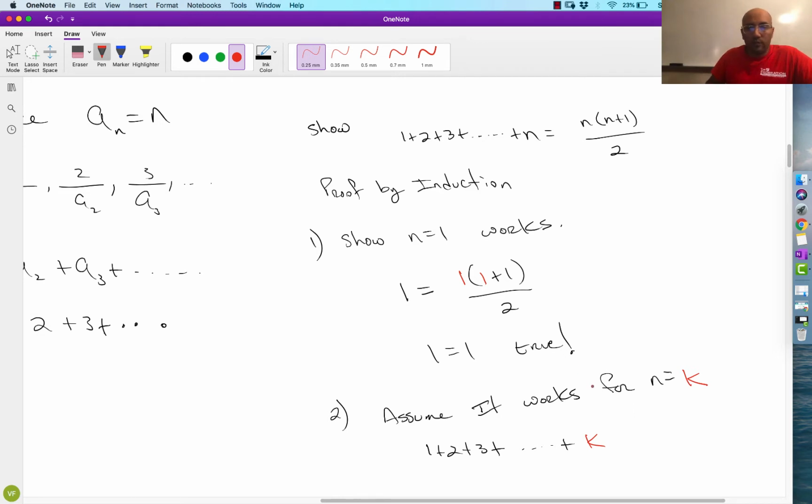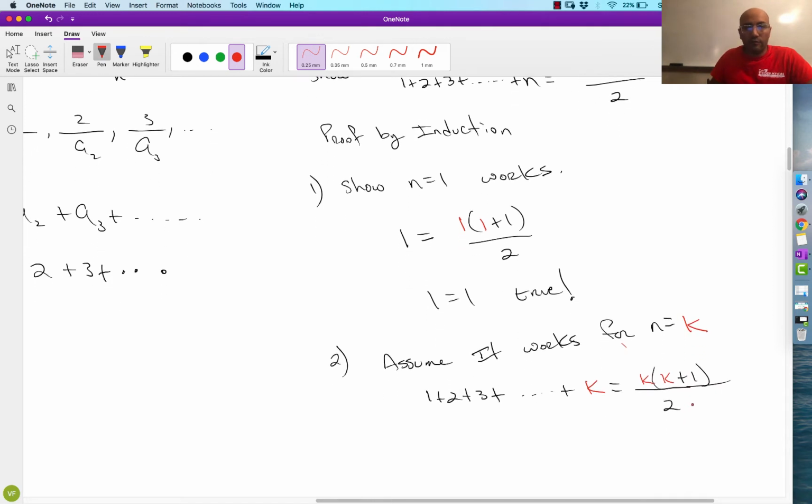So therefore that will be equal to k times k plus 1 over 2. Assume that's true. And then the important part in the proof by induction is the third part: now show it works for the next one, for n equals k plus 1.